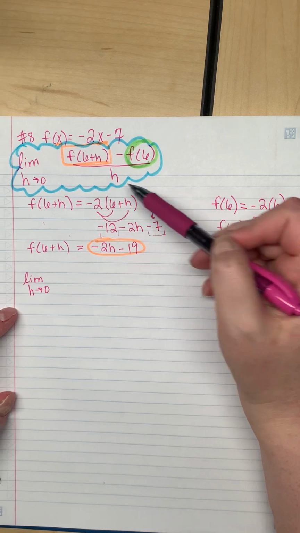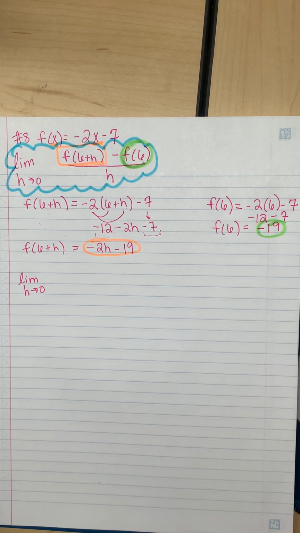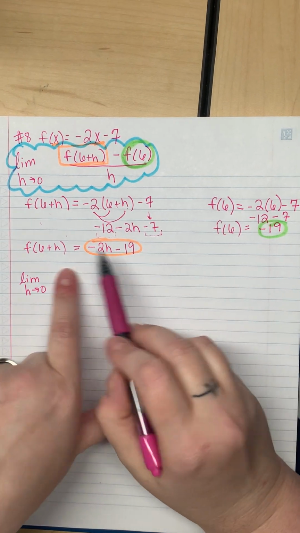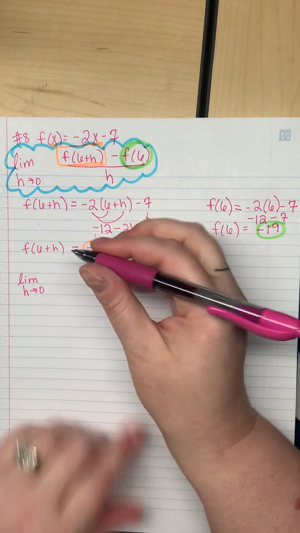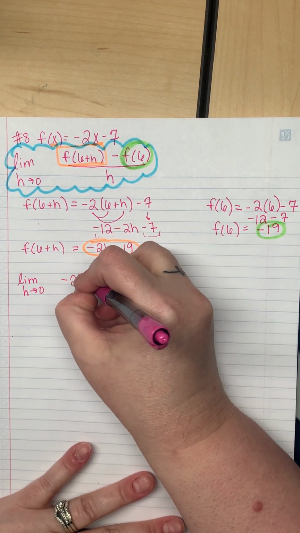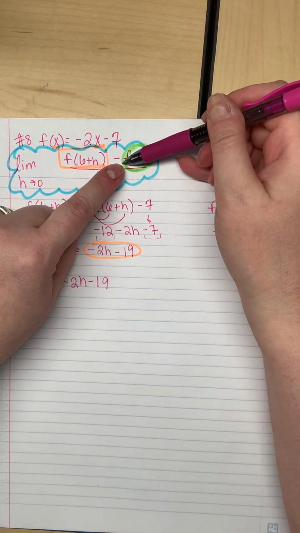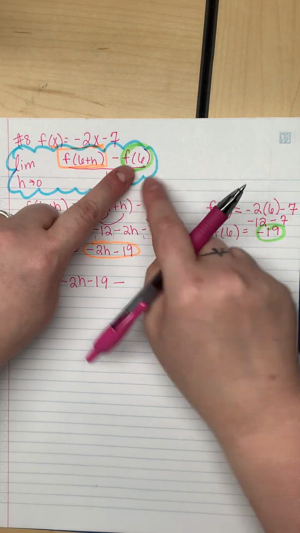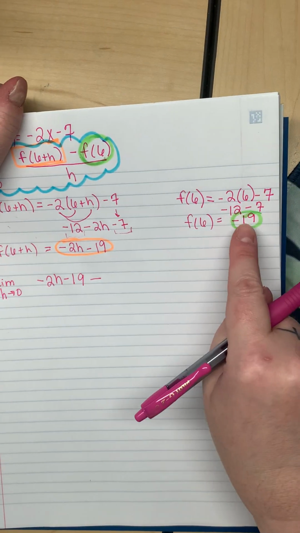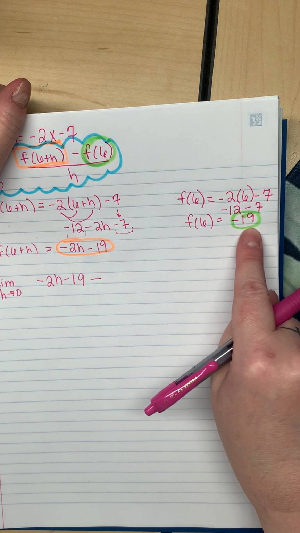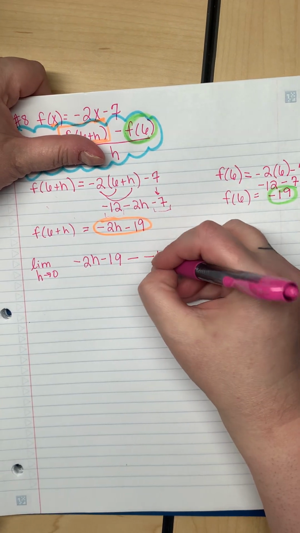This f of 6 plus h is negative 2h minus 19. Then the formula says a minus. Then my f of 6, which was green, was over here: f of 6 is negative 19. So I'm going to put minus 19.